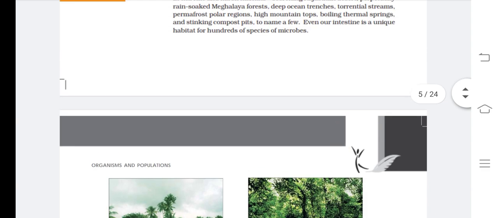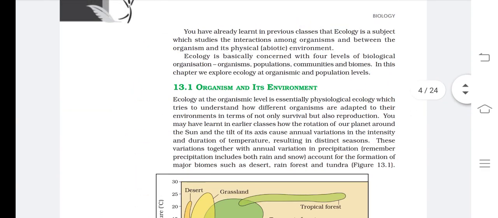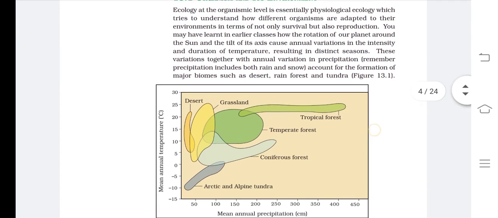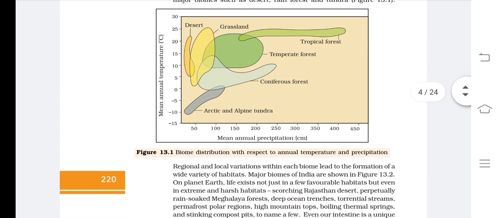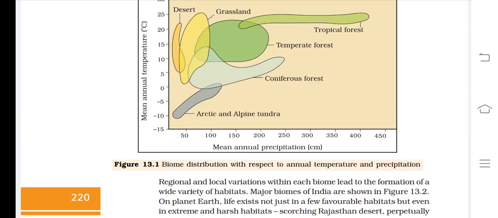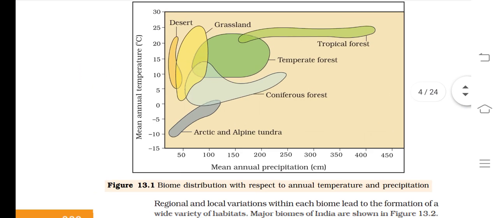In the last video lecture we had completed the question organisms and its environment. In the last question we had talked about the 6 different type of biomes. You will remember all 6 names.